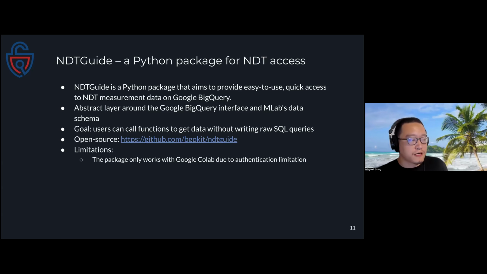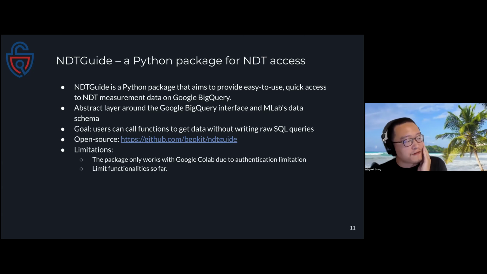As a result, the way you authenticate right now is to use Google Colab in a more or less interactive way. I have started this project, but implemented limited functionality so far. I'll introduce those later on.